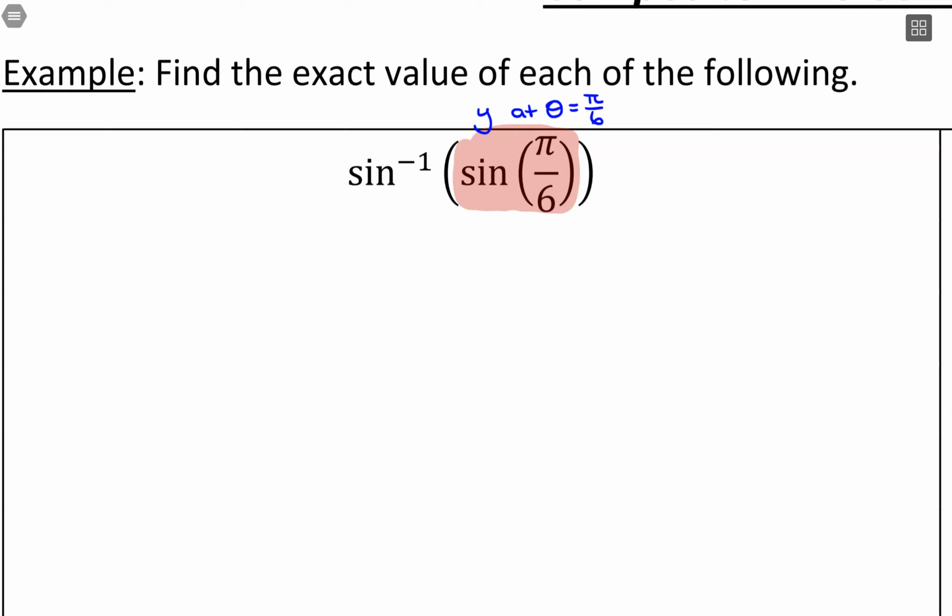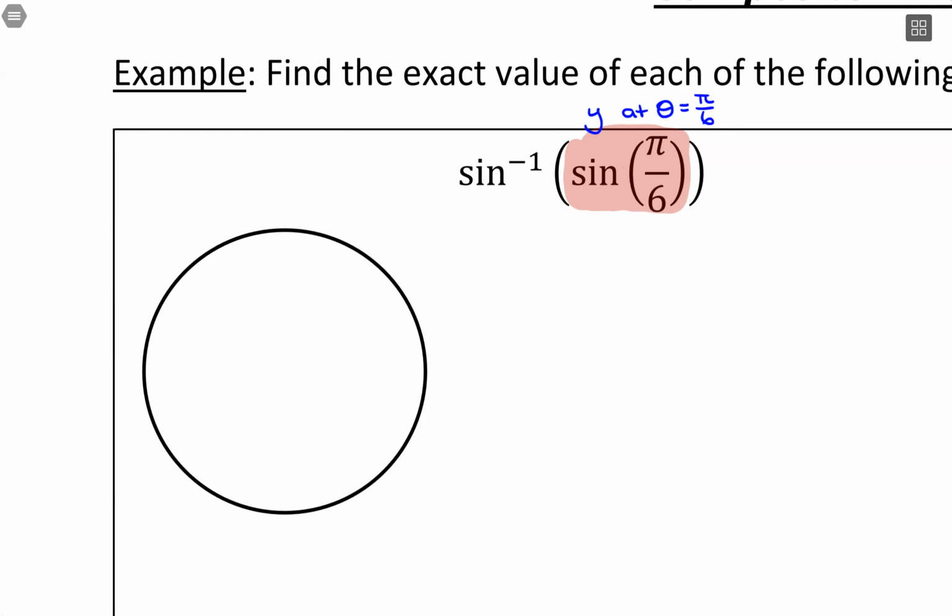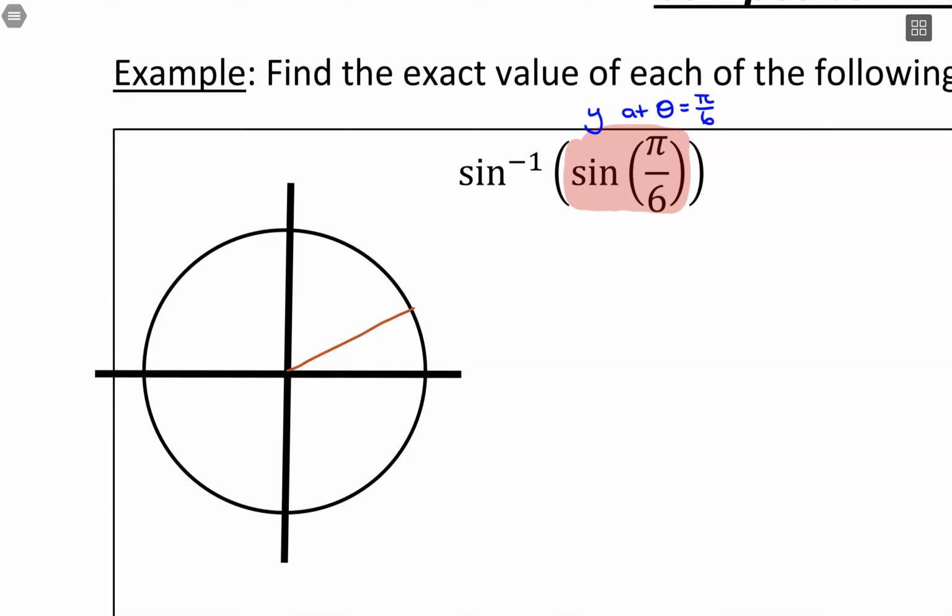So if I grab my unit circle, I'm at an angle of pi over 6. I'm right there at pi over 6. I have my coordinate root 3 over 2, 1/2. And to evaluate sine of pi over 6, I can replace all of that with that y coordinate of 1/2.